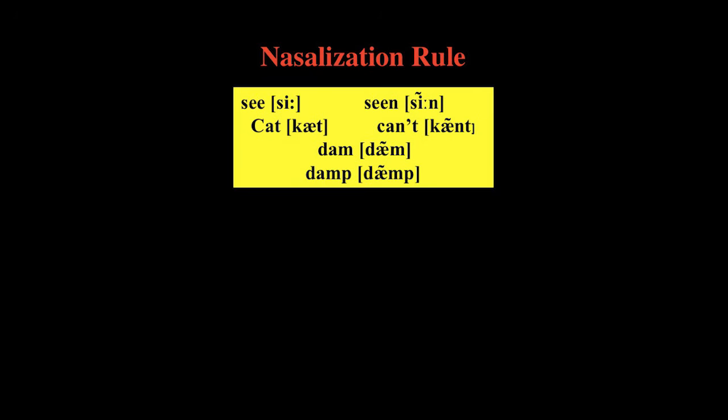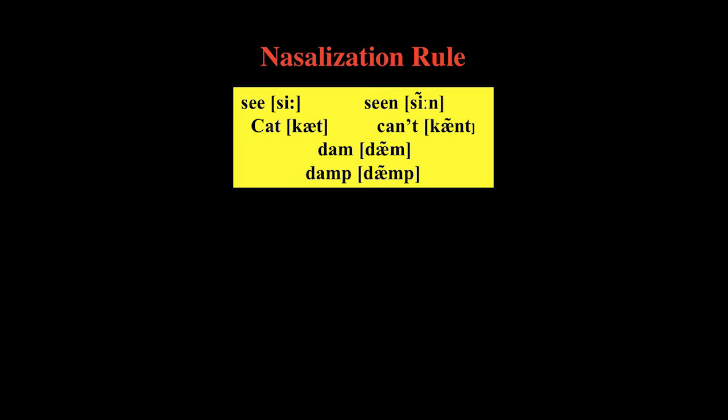Now, if you look at these examples in front of you, you will see that vowels are normal in certain environments, like in sea and cat. But look what happens to those same vowels whenever they are followed by a nasal consonant. Look at the words seen, can't, damn, and dump.